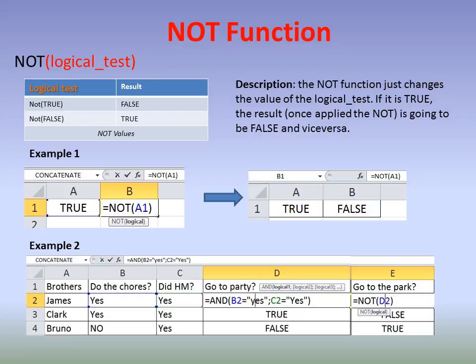But don't worry, if you cannot go to the party, you can go to the park. Here, in column E, we have the use of our NOT function. If you go to the party, you cannot go to the park. If you don't go to the party, you can go to the park. Got it?